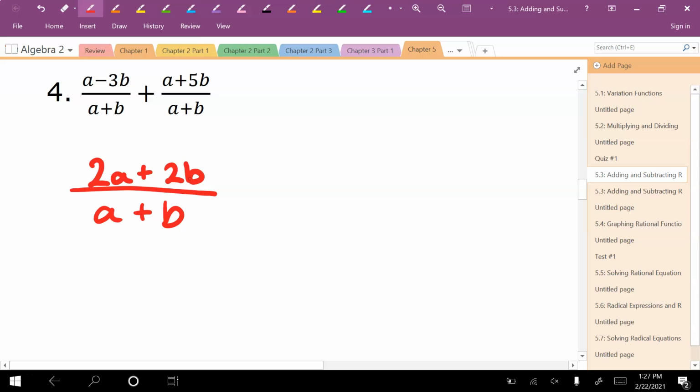Okay, because a plus a is going to be 2a. Negative 3b plus 5b is going to be 2b. Now looking at just the top portion, the 2a plus the 2b, do they have anything in common that I could factor out? A 2? So if I factor out a 2, I'm left with a plus b. Do you agree with me? And this is still all over a plus b.